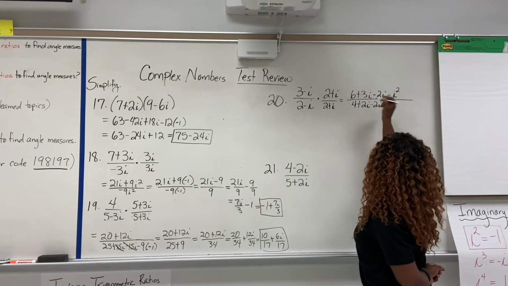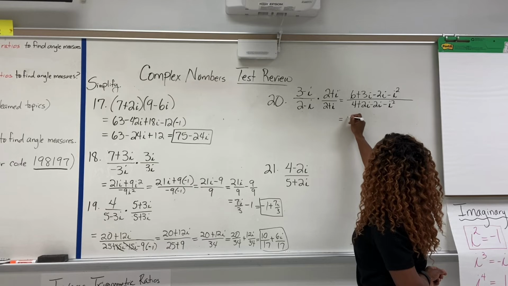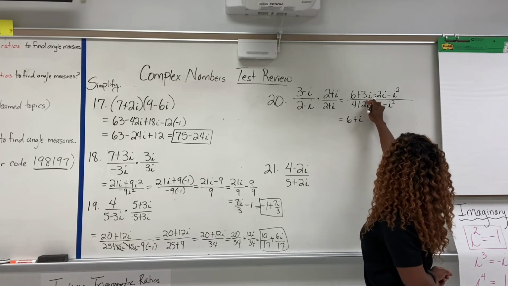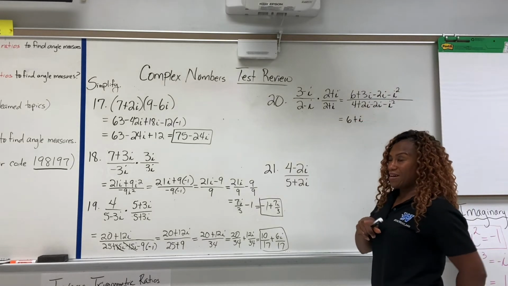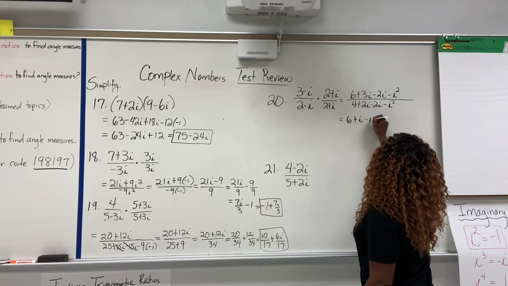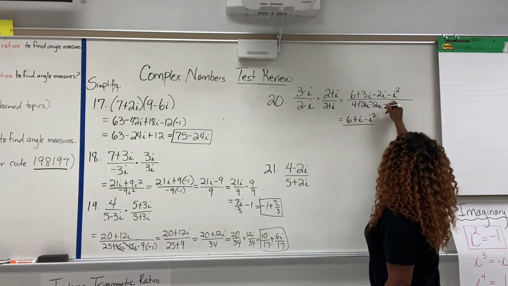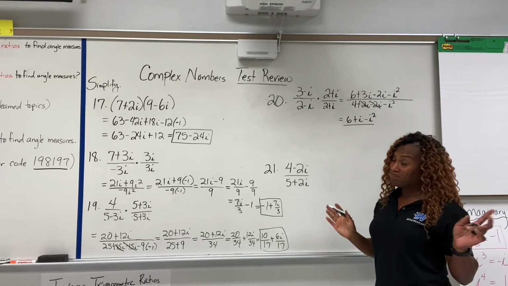Now, what can we do? Well, we can combine like terms here. So I see 6 plus i, because 3i minus 2i is 1i, and I do not have to put the 1 in front of the i. Minus i squared over, notice how these cancel each other out? Those middle terms in the denominator always cancel each other out.